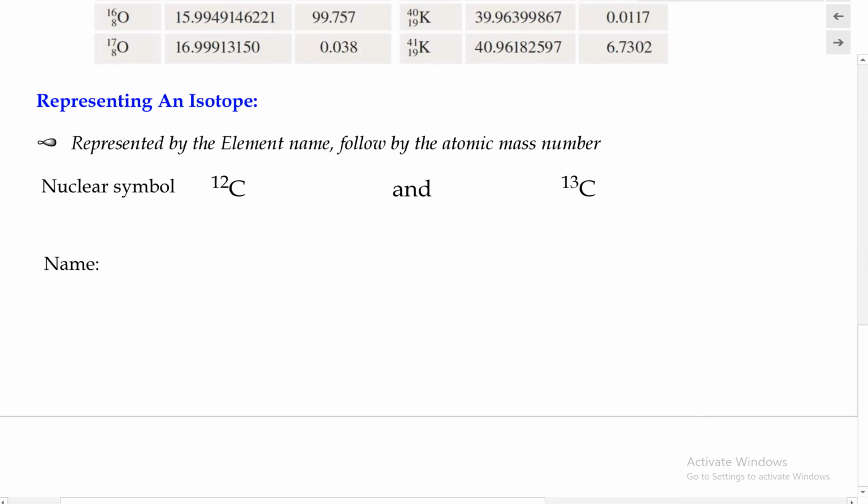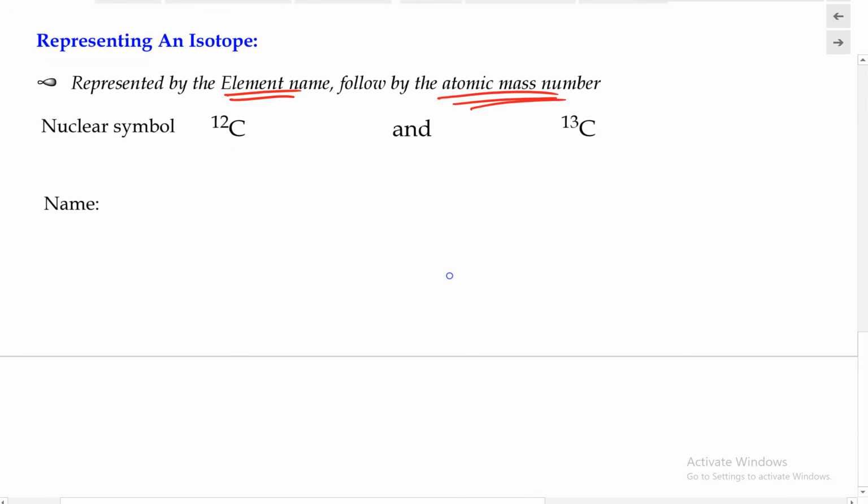Now, how do we represent an isotope? An isotope can be represented by its element name followed by its atomic mass number, because the mass numbers of different isotopes are different. So it is important that we use them to distinguish between the different isotopes. For example, carbon 12 and carbon 13 are two isotopes of each other.